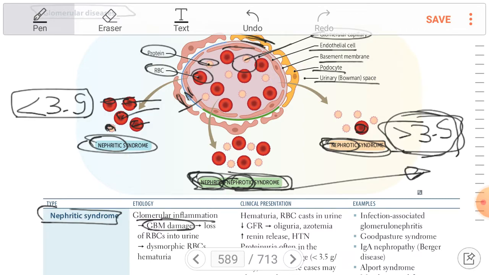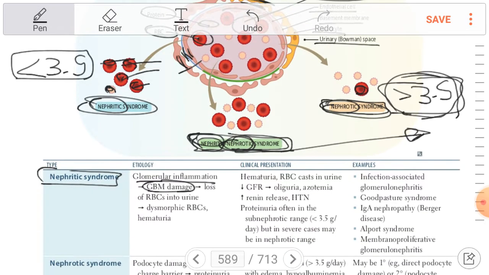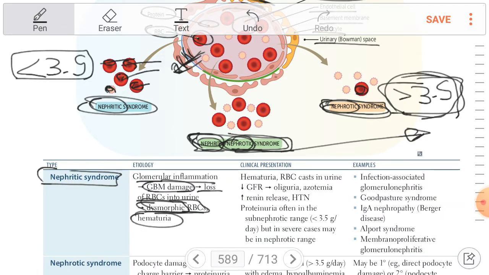So there is what? Glomerular inflammation leading to destruction of this glomerular basement membrane, leading to loss of RBCs into urine. So while losing RBCs into the urine from this small areas, leading to formation of dysmorphic RBCs, leading to hematuria.